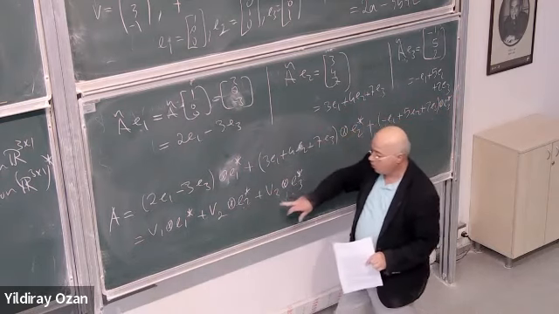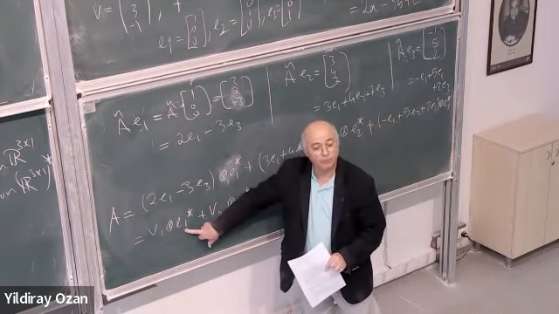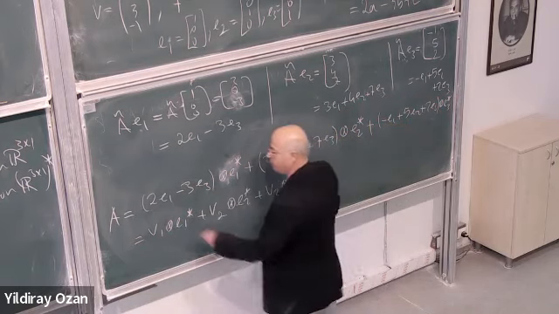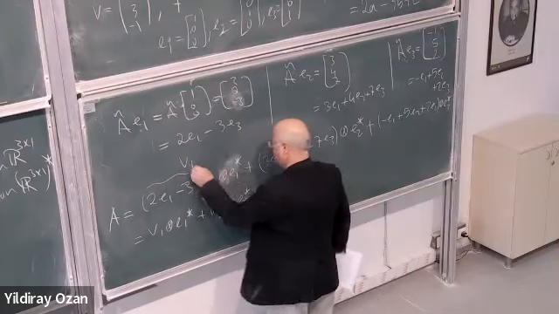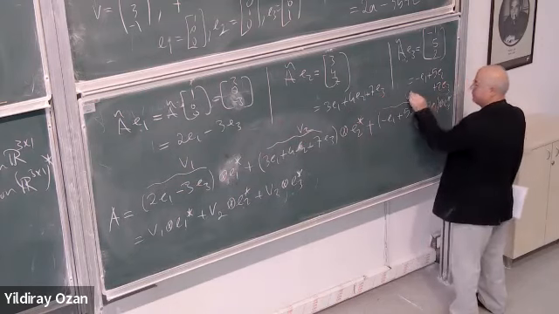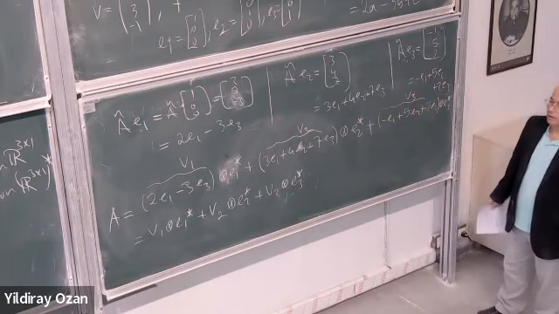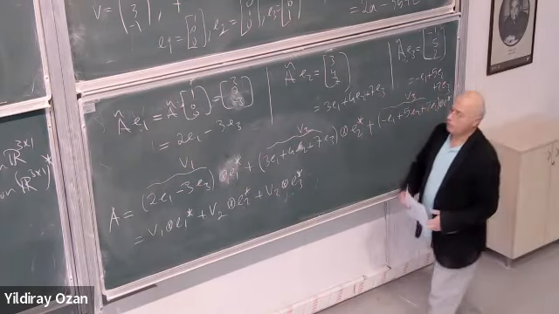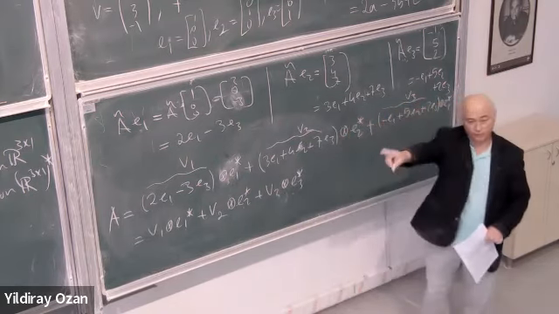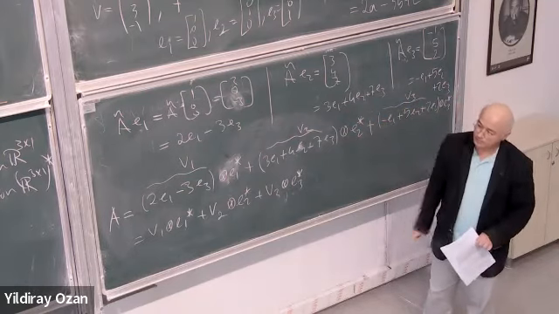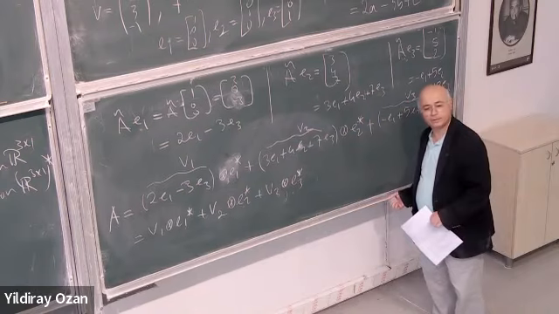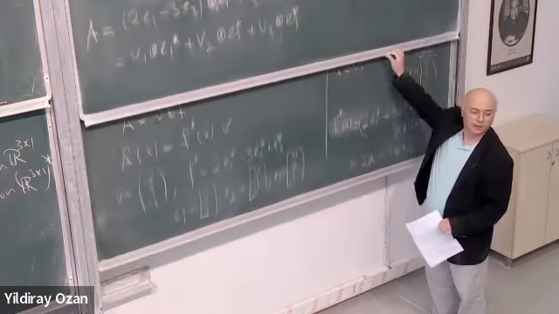This will give me 0. Only this will give me 1. So I will just get D1, which is this vector. D2 is this vector. And D3 is this. Okay. So the tensor representation of that gadget is just this.